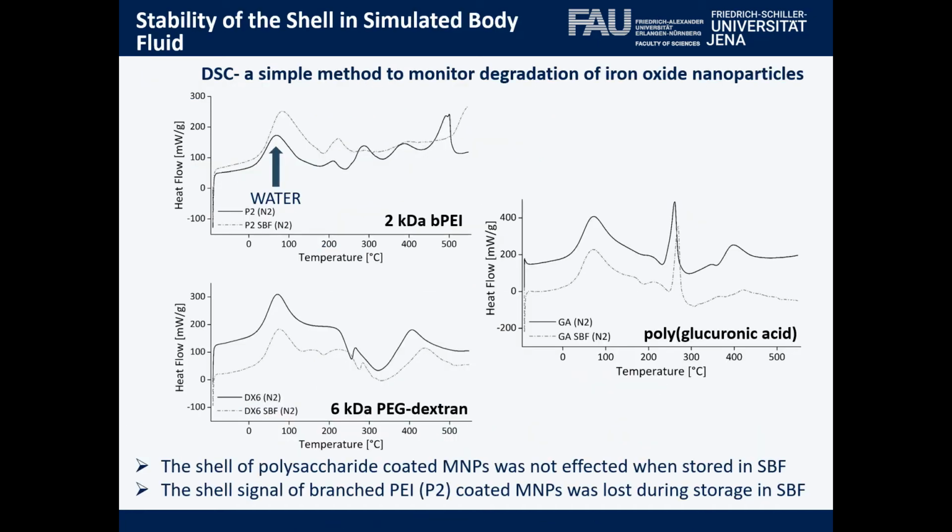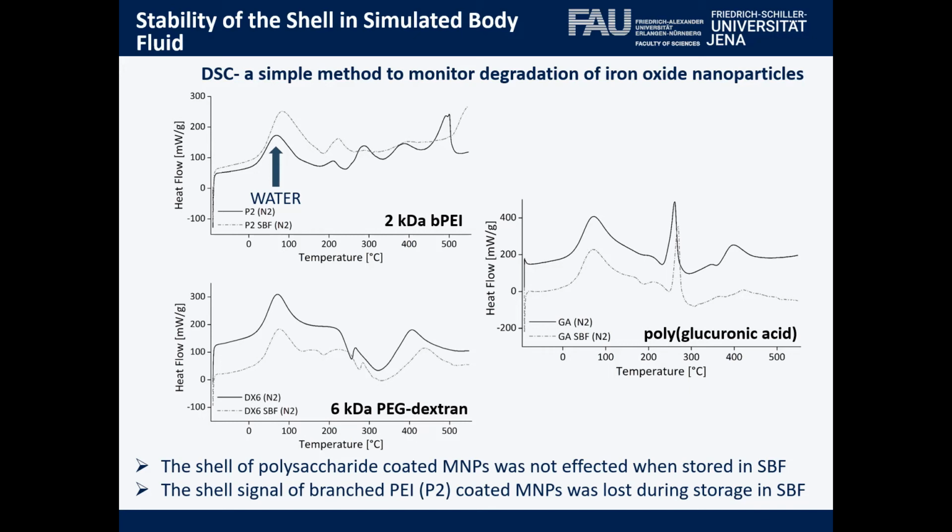By DSC analysis, we were now able to monitor the stability of the iron oxide nanoparticles in simulated body fluids, and we were also able to distinguish between the shell material and the core material. So here we see the results for the shell material. Therefore, we performed DSC analysis under nitrogen atmosphere, and we made this before storage in SBF and after 28 days storage in SBF.